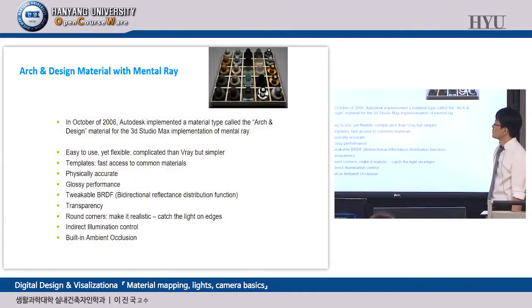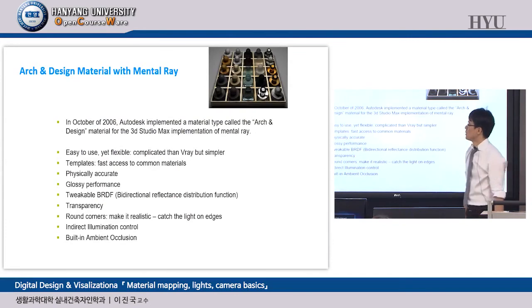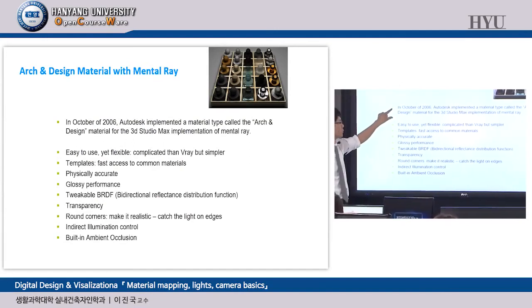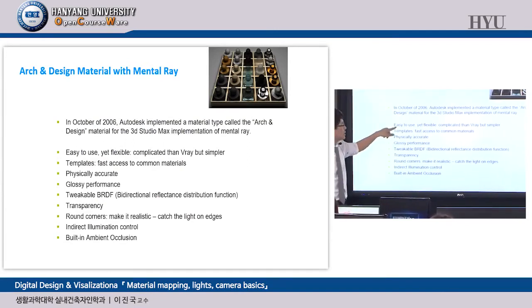So Arch and Design material with mental ray has been implemented and embedded into 3D Max as a default material. Easy to use, very flexible. It also provides very complicated expert controls. You can change some options: physically accurate glossy performance, tweakable BRDF, transparency, round corners.